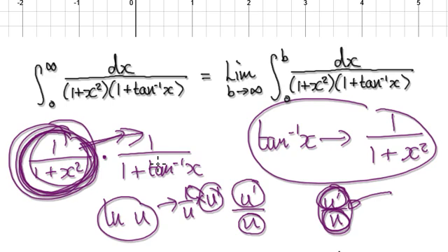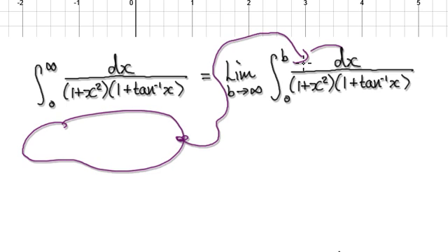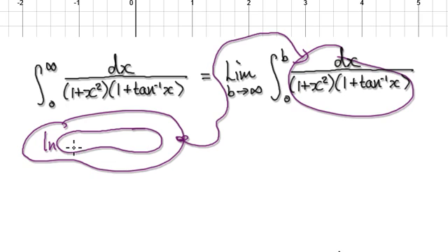So you are looking for something that, when you differentiate it, gives you this thing here. Make your initial guess natural log of 1 plus inverse tan of x.